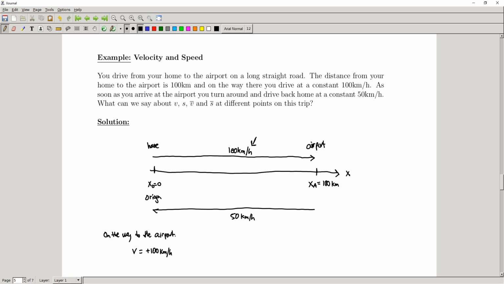And at any point on the way back from the airport, our velocity is going to be equal to minus 50 kilometers per hour, because no matter what point on the way back, we're always traveling 50 kilometers per hour.